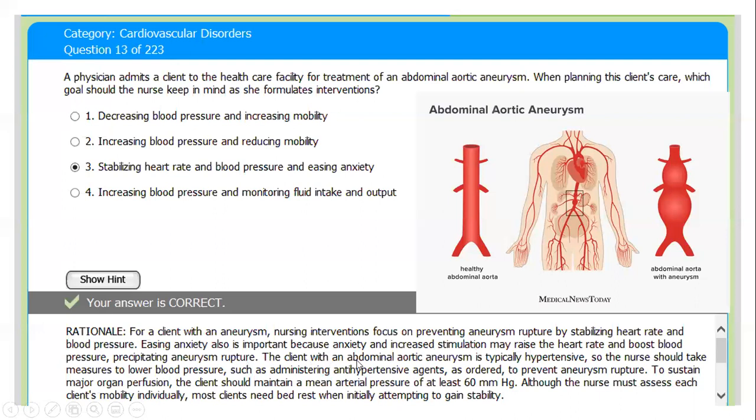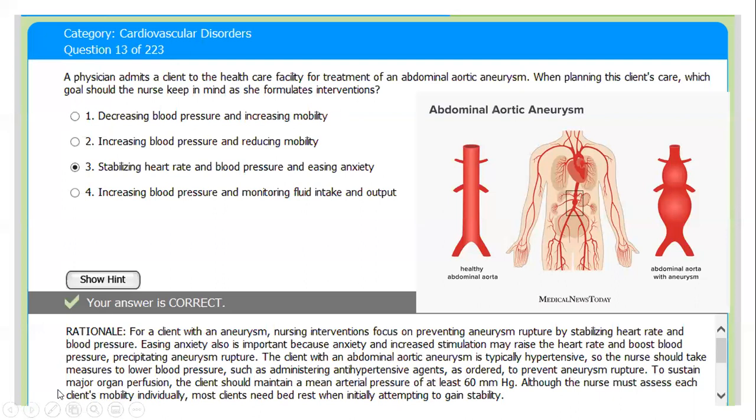The client with an abdominal aortic aneurysm is typically hypertensive, so the nurse should take measures to lower the blood pressure, such as administering antihypertensive agents, also to prevent aneurysm rupture.